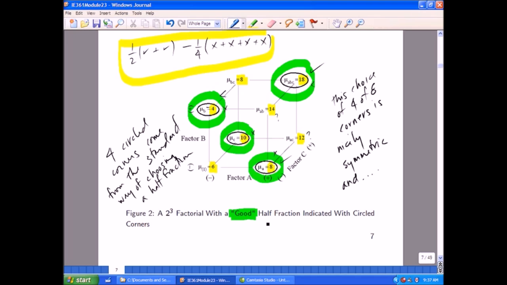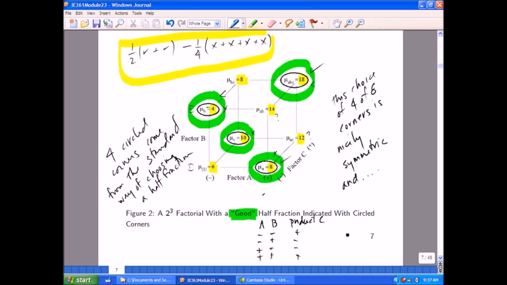That is, if I carefully down here write out A, B, and C, minus, minus, plus, plus, minus, plus, now minus, plus, and I make a product, this would be a plus, this would be a minus, and a plus.